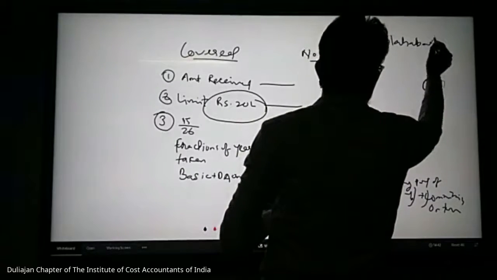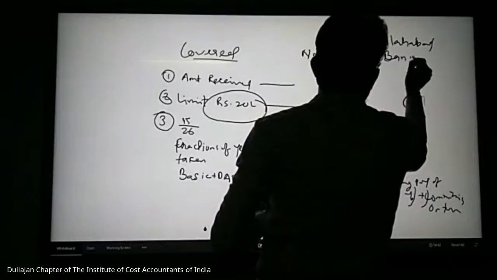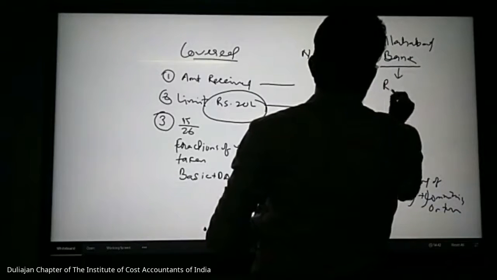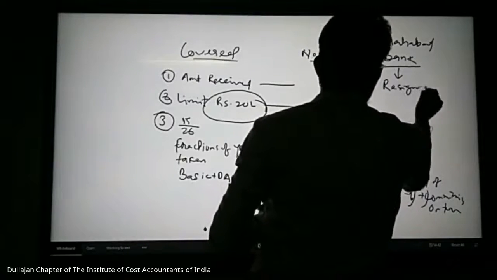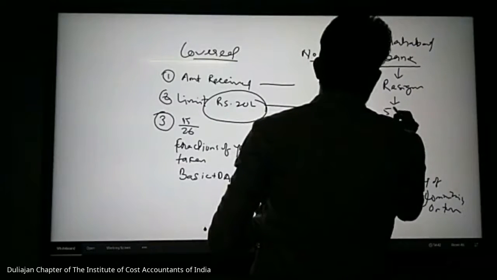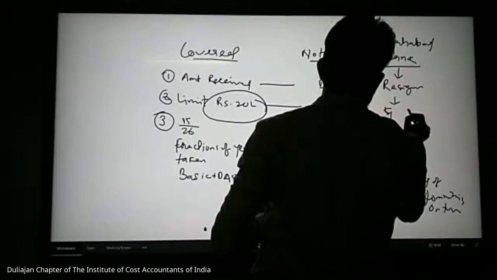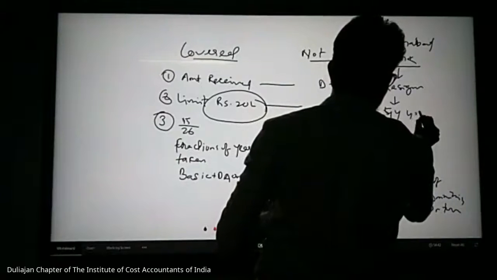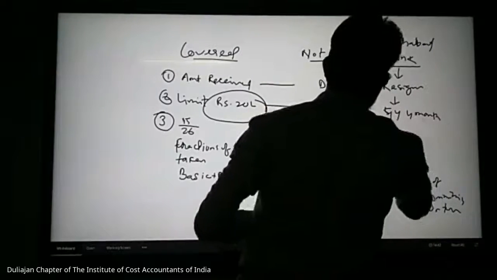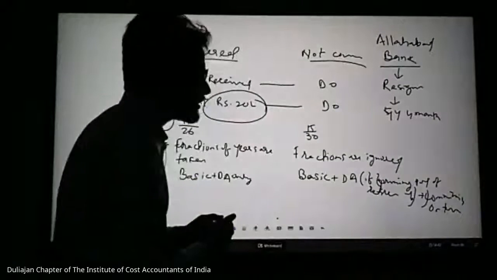Then I resigned from this bank. I worked there for around 4 years, let us say 4 years, 4 months. I'll take 4 years for calculation, whether I'm covered under gratuity or not.